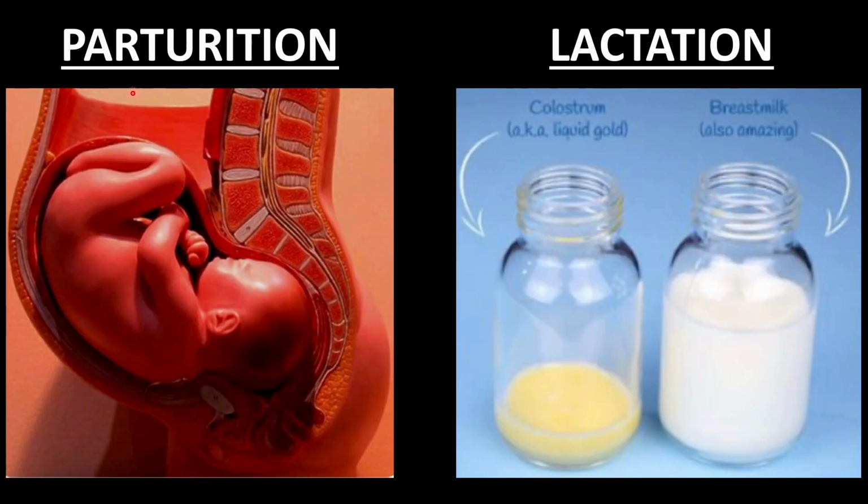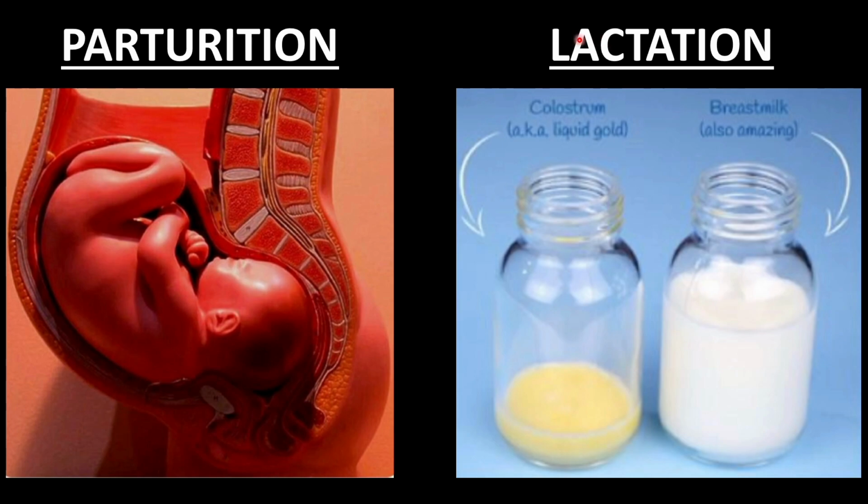In this diagram you will see how the process of parturition occurs. See the baby's position, and at the end of the 9th month the parturition occurs and the birth of the baby takes place.